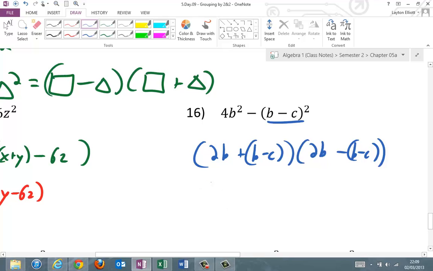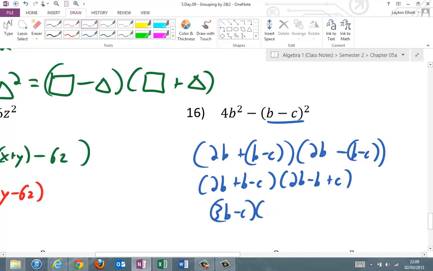Now I'm going to kind of clean this up. I have 2b plus b minus c, and then I have 2b minus b plus c. Then I have some like terms, so I can add. I have 3b minus c, and then I have b plus c.